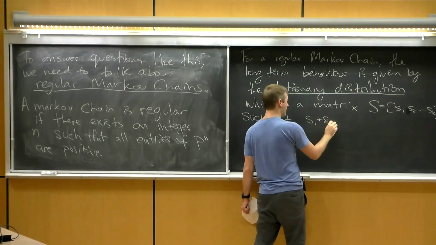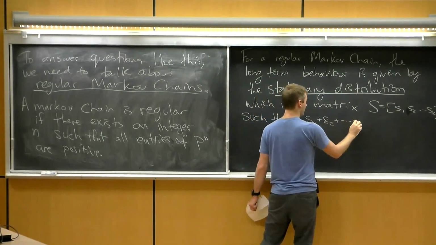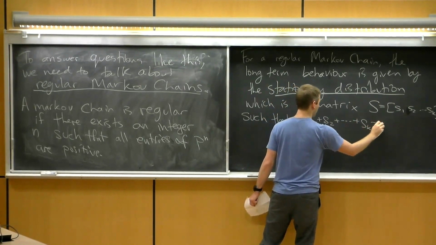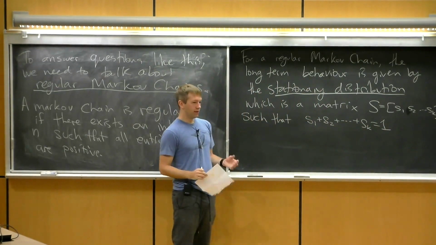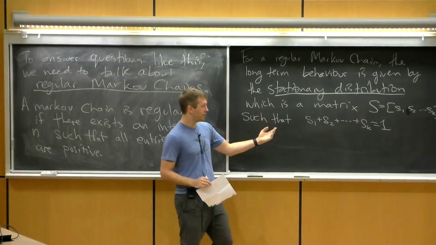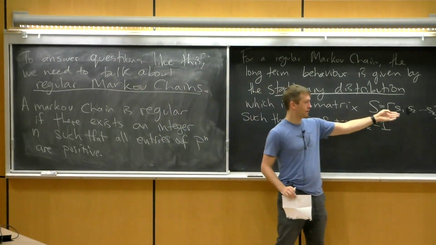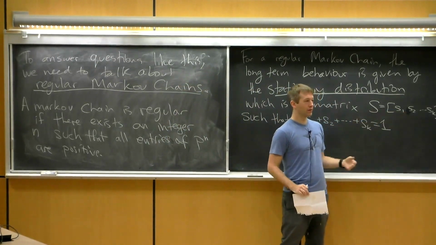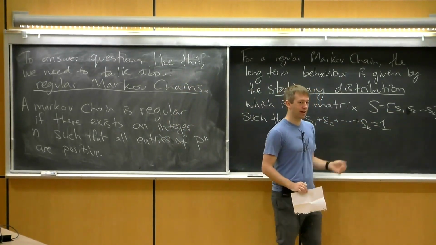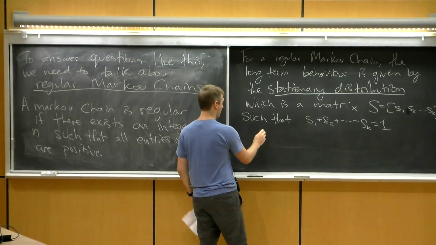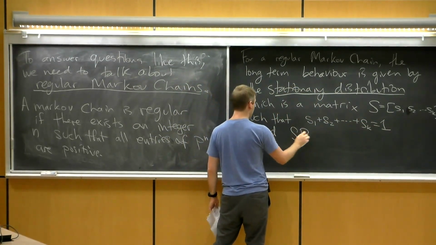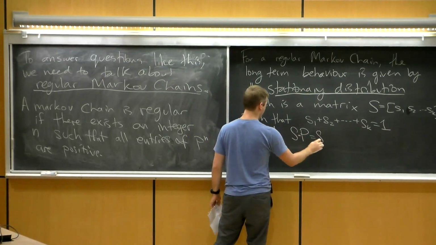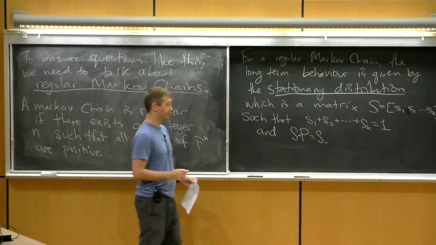So the values have to add up to 1 because we want to think of these values as being probabilities. So probabilities always have to add up to 1. And it has the property that S times P equals S.